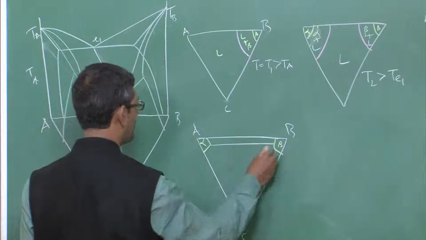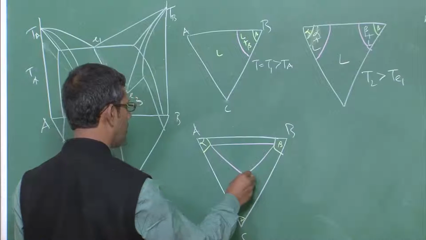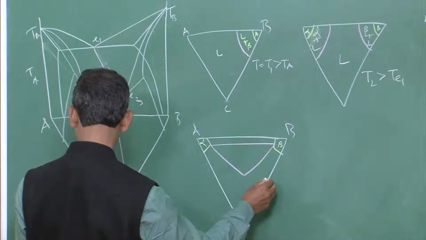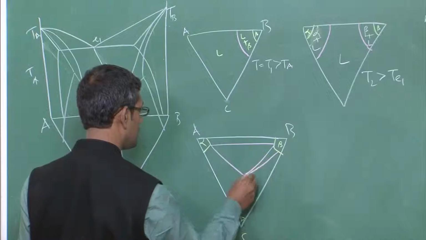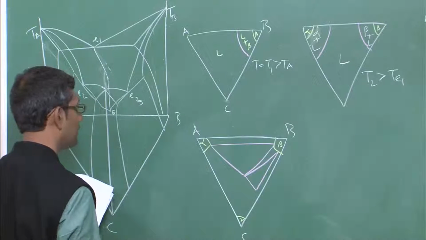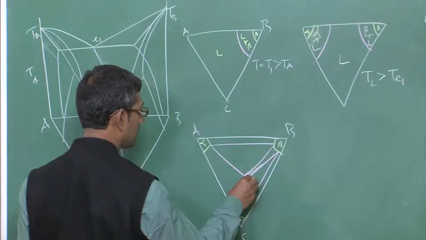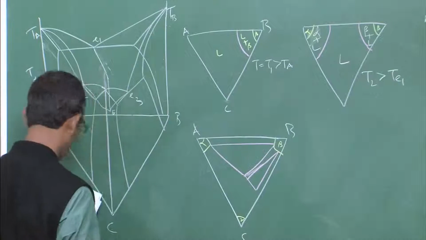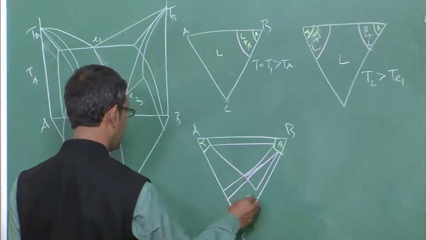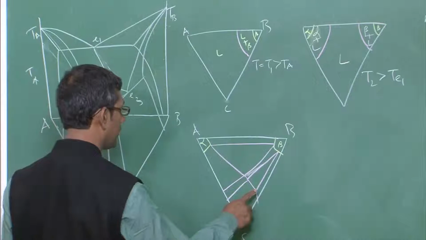So, you draw this triangle, there will be two different types of triangle. One is this, and then you have a triangle here. Correct. This is one triangle. This may not be a triangle. This will be like this, yes. And then you have this region. This is liquid. Okay, this will extend.